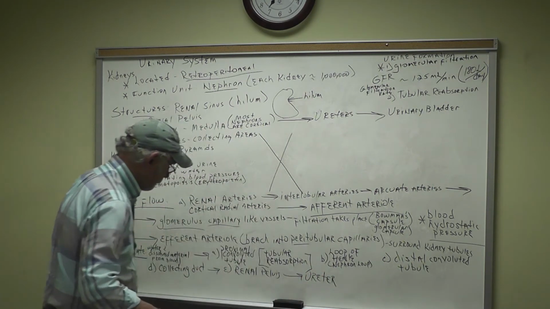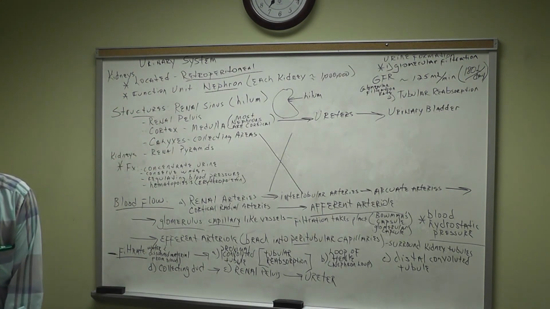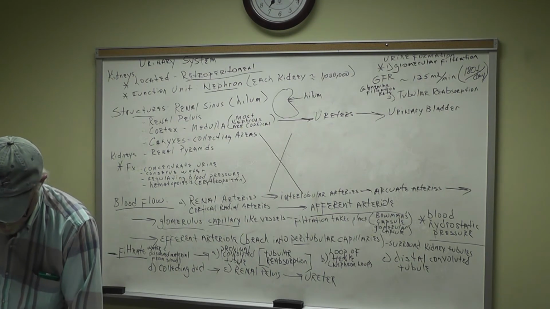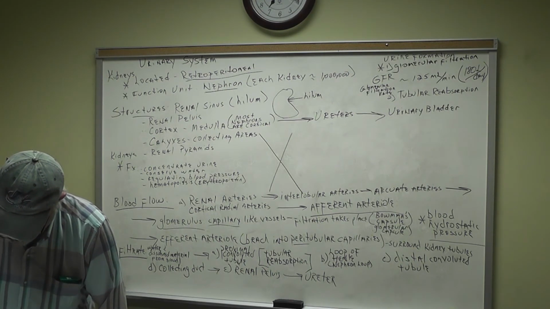The collecting duct is on figure 17.13. You can see the proximal tubule, the loop, the distal tubule, and then the collecting duct going down.